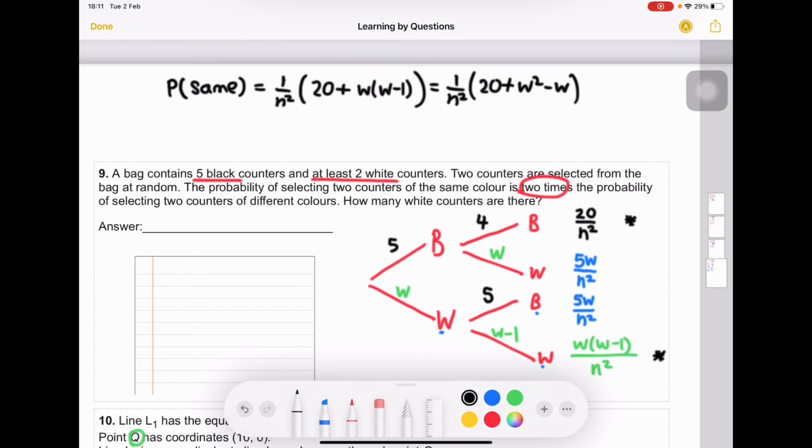Then it says the probability of selecting two counters of the same color is 2 times the probability of selecting two counters of different colors. So I'll write here different.